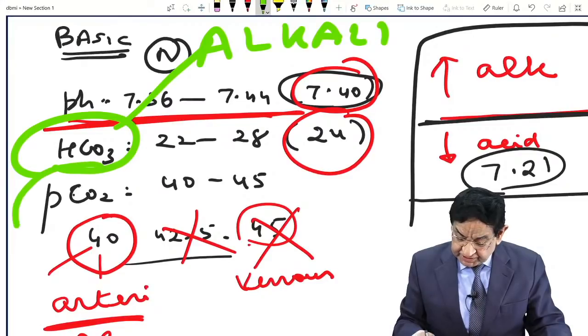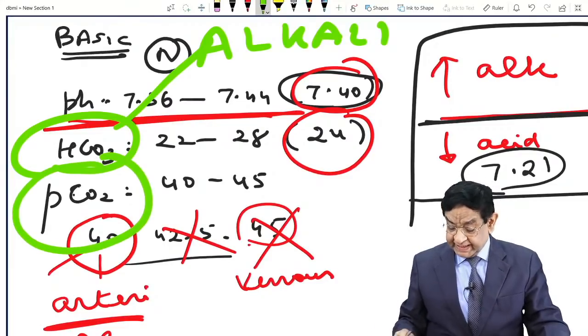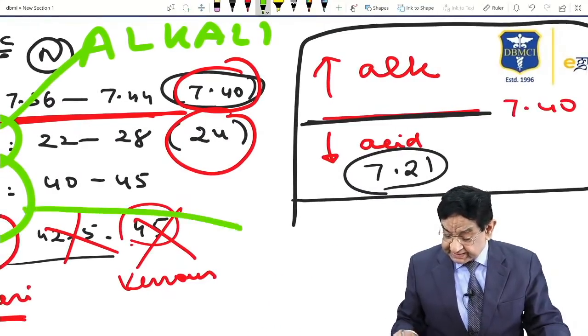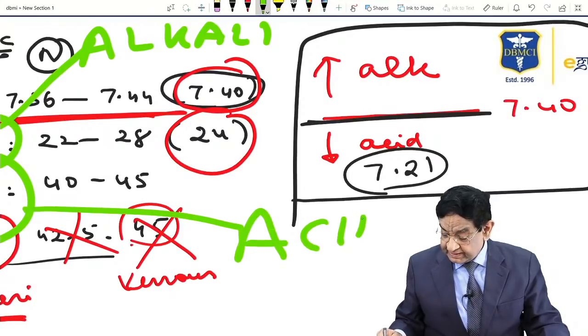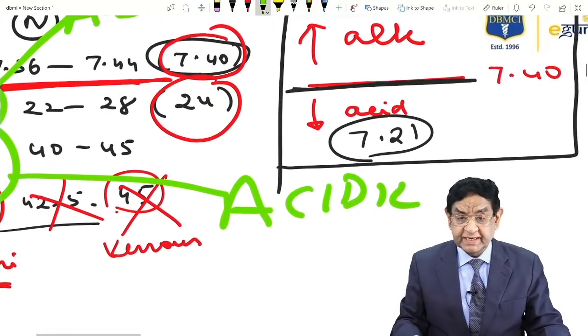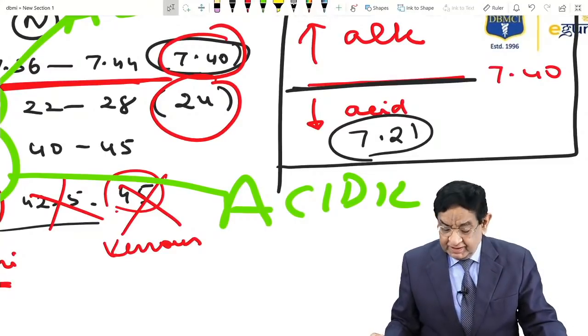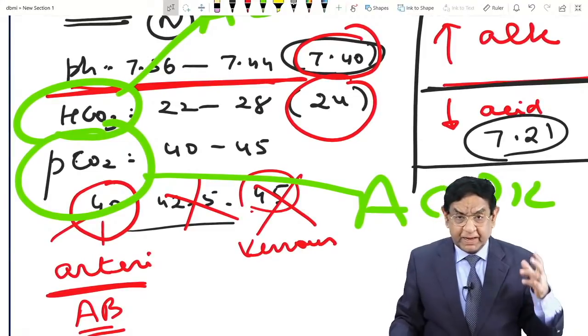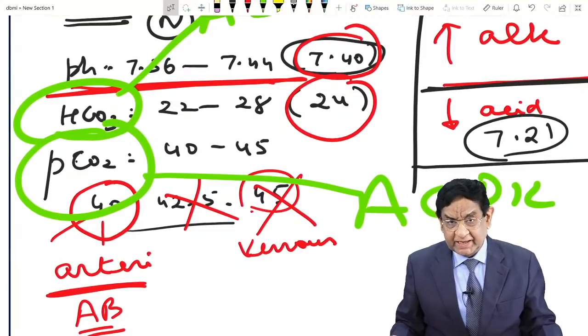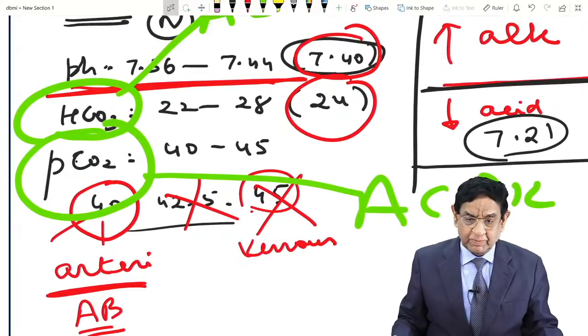And we have CO2. We all know CO2 is acidic. This is an acidic gas, everybody knows about it, and it is controlled by the lungs. It's too simple, right? So bicarb is alkali controlled by kidney, CO2 is acid controlled by the lungs.